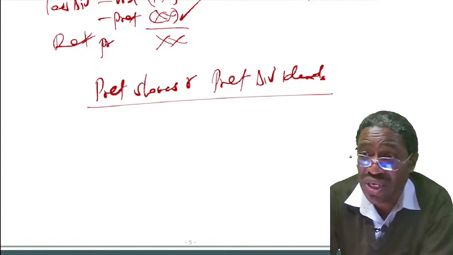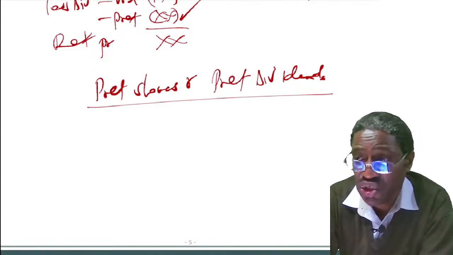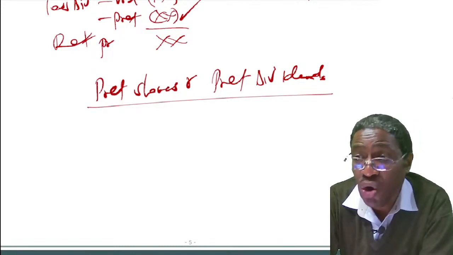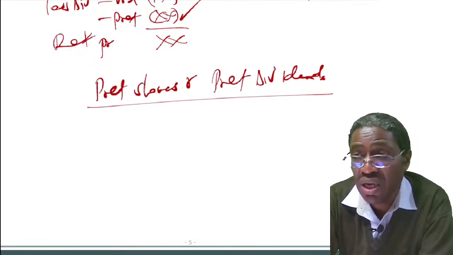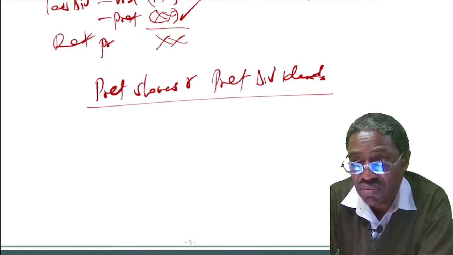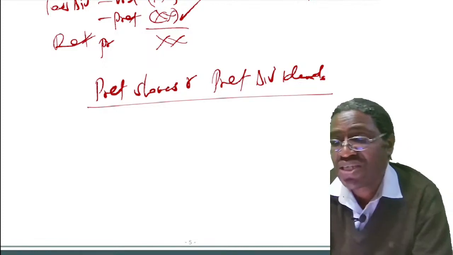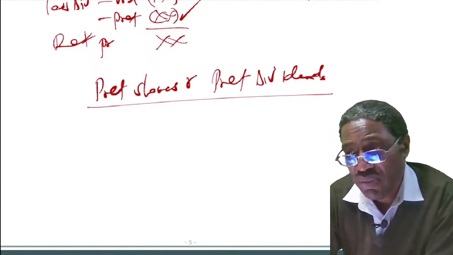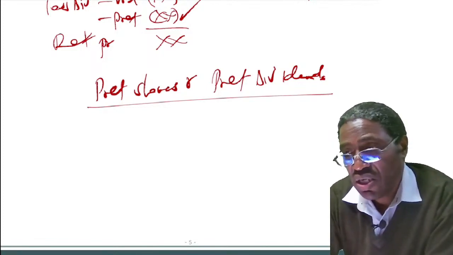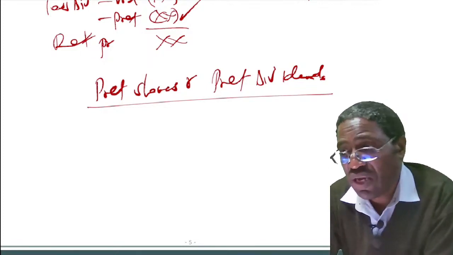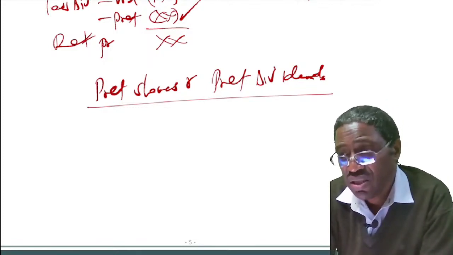If the preference shares are redeemable, it should be considered as a long-term liability in the balance sheet.